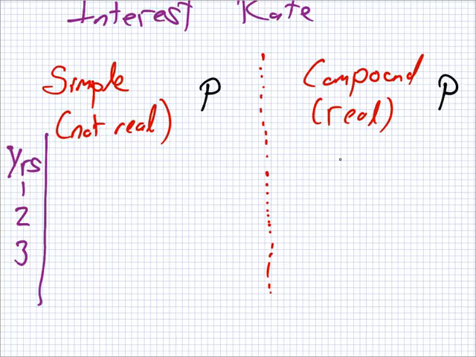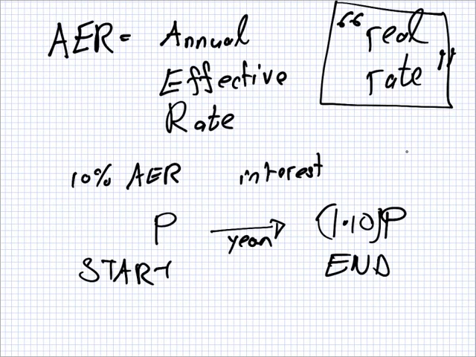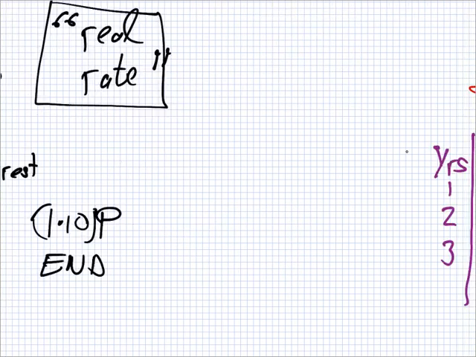After 1 year, you'll have P times 1 plus I%. And I is whatever the rate is. For example, what is I in the one here? 10%. So the I is 10, for example.